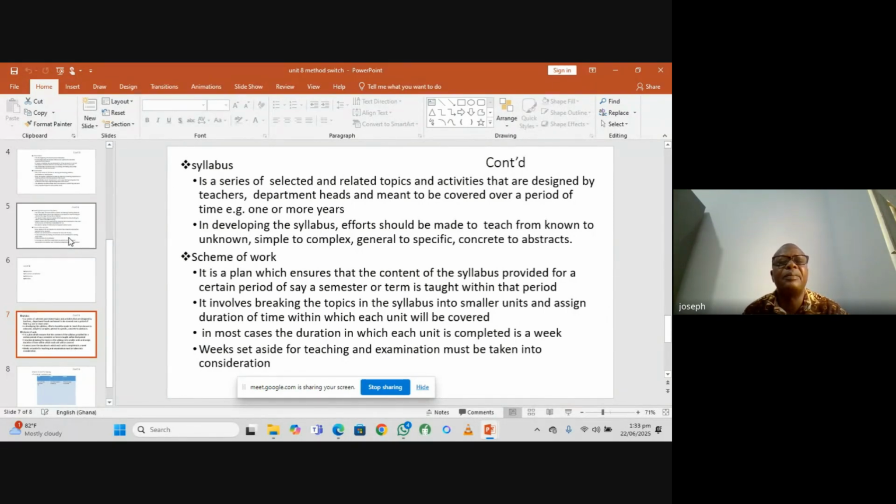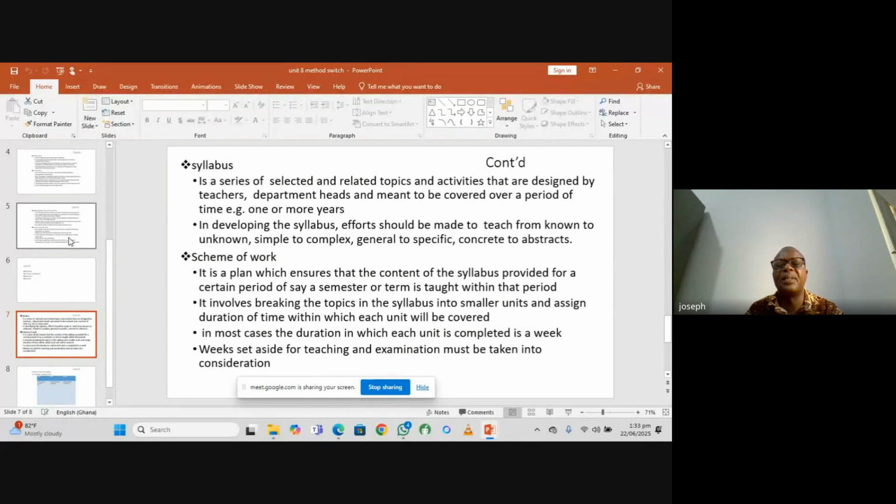Then, from the use of the syllabus, you now prepare your scheme of work, which is the plan which ensures that the content of the syllabus provided for a certain period of, say, a semester or a term is taught within that specific period.